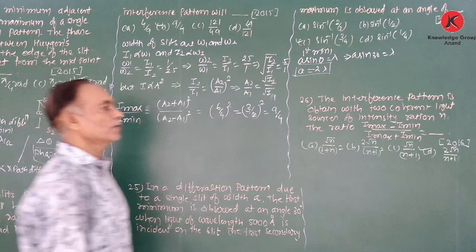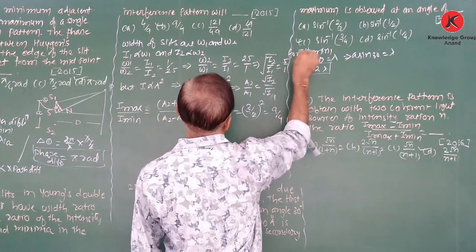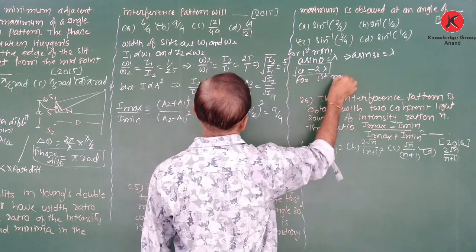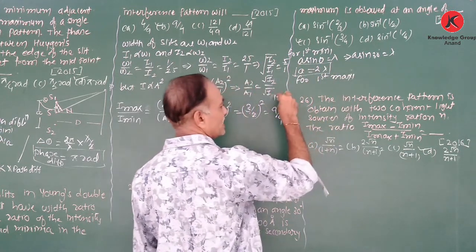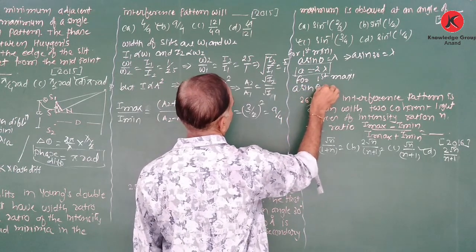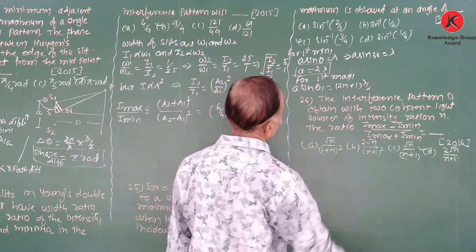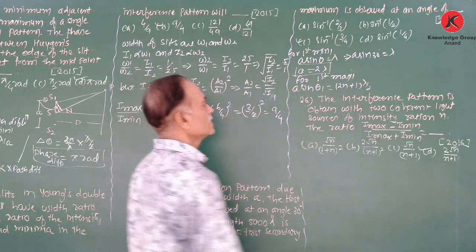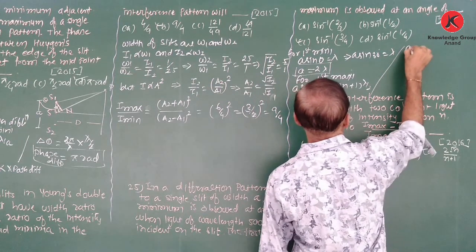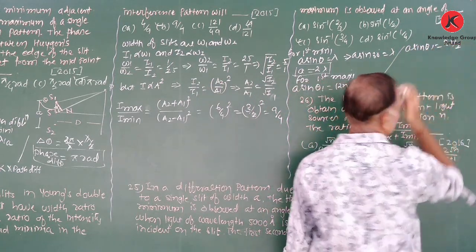Now, the condition for first maxima is a sin theta 1 is equal to 2n plus 1 into lambda by 2. Therefore, for n equal to 1, 3 lambda by 2. So a sin theta 1 is equal to 3 lambda by 2.